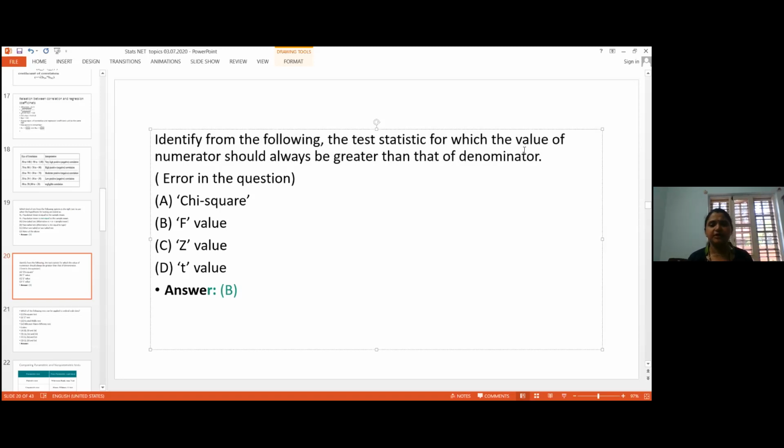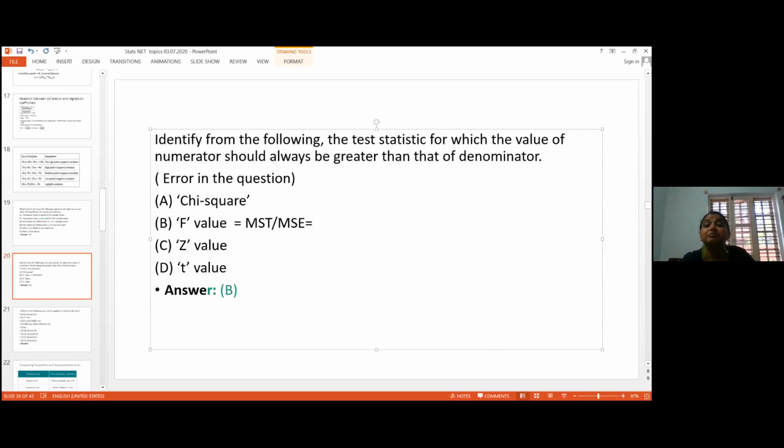Or variation which is explained by a model divided by error. In simple terms, most of the time the formula works as MST treatment divided by MSE. Need not be always greater than 1. It can be less than 1.